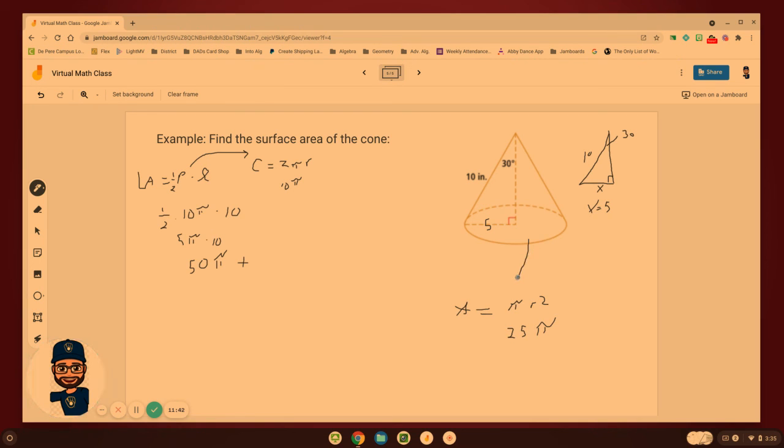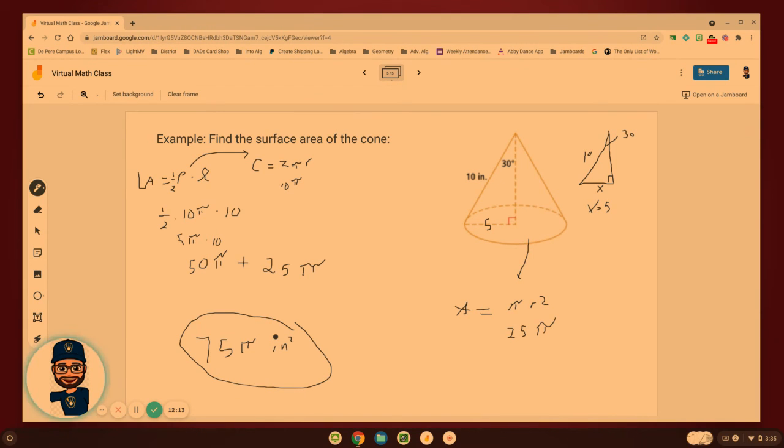We add the base area plus the lateral area. 50 pi plus 25 pi gives us a grand total of 75 pi square inches. And why am I not using 3.14? They didn't tell me to round anywhere, so I'm going to use the exact answer.